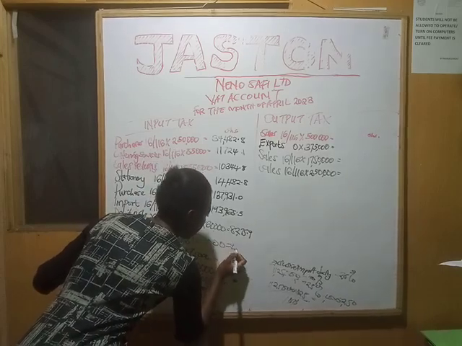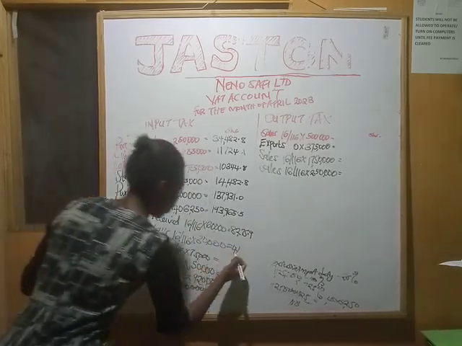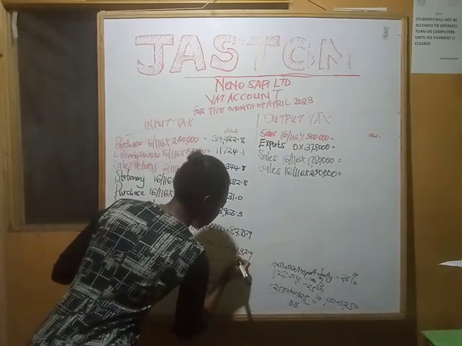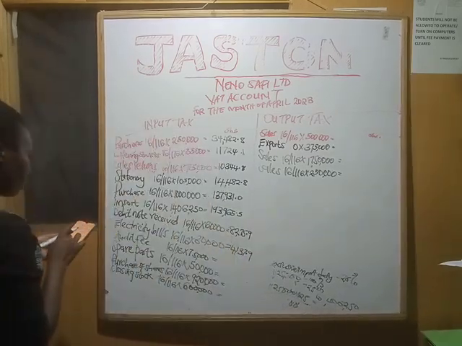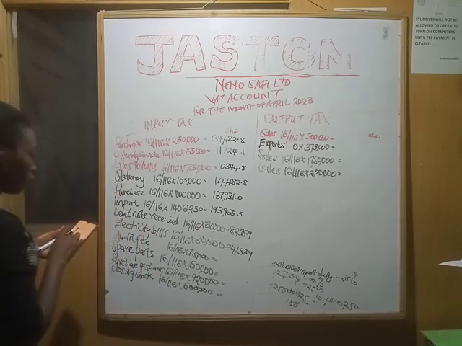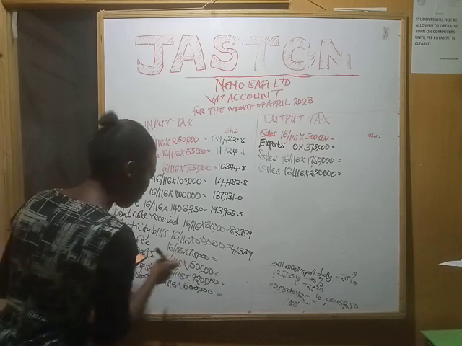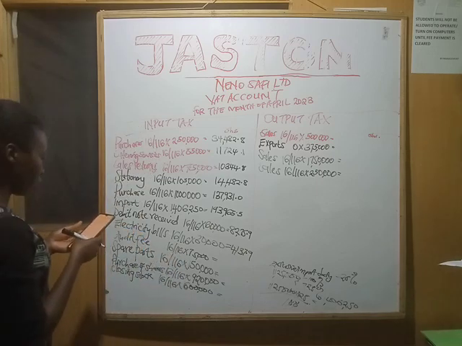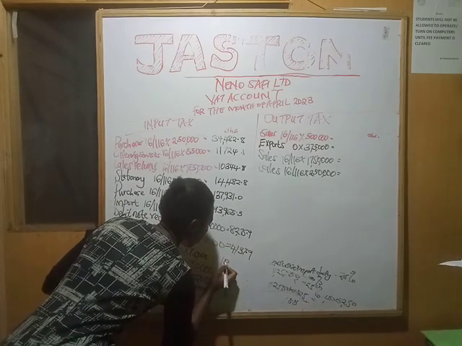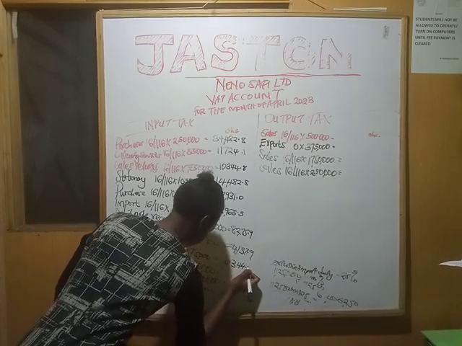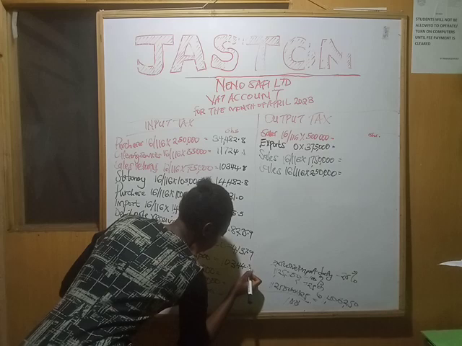Have our answer 41,379. We have 16 divided by 116, we multiply by 75,000. 10,344.8.